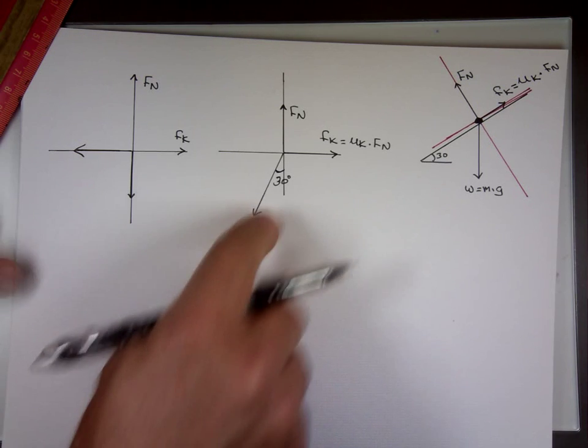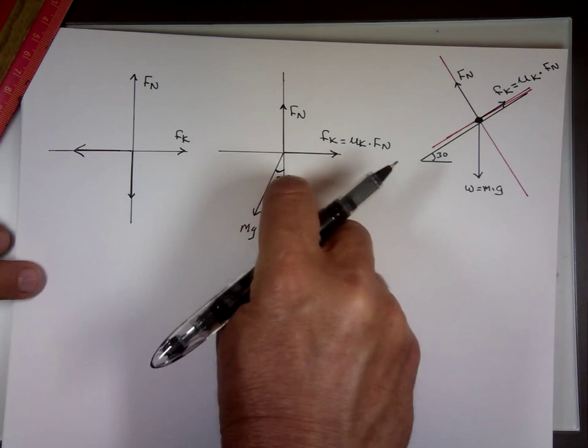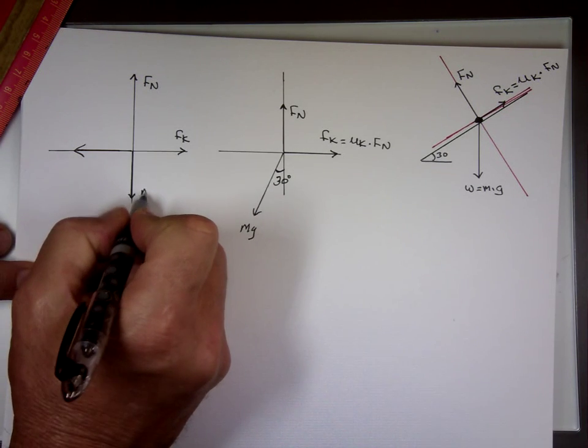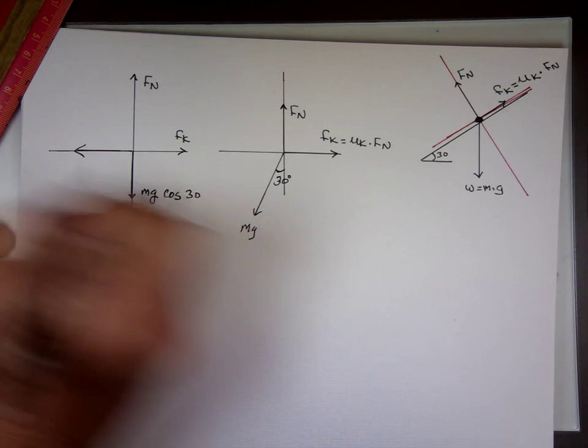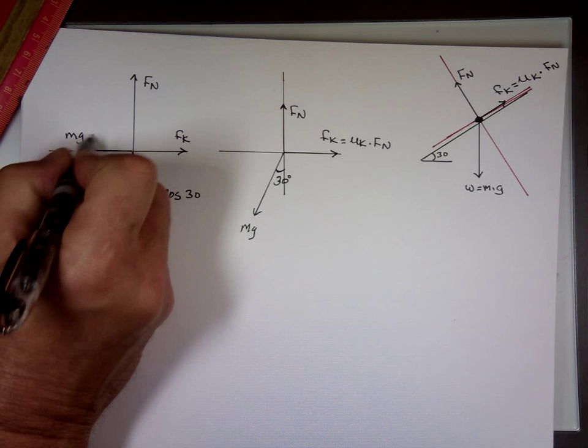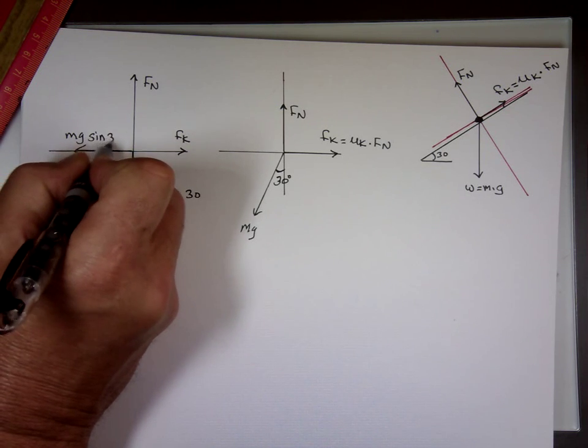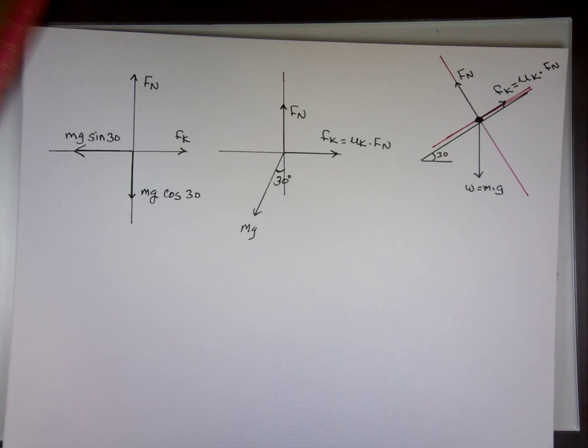Since this one is adjacent, that's the cosine, mg cosine 30 degrees, and this is mg sine 30. So that's review for your test.